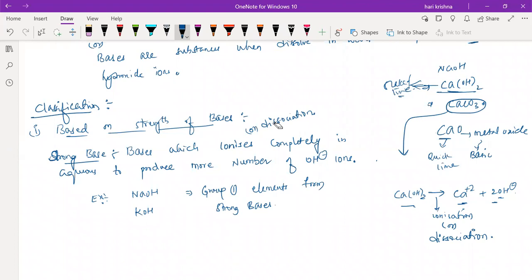Next, weak bases. Is it understood by everyone? Aditi, Akshara, Balaji. Aditi, is it clear? Yes, sir. Balaji, sir, is it clear or any doubts? Clear.